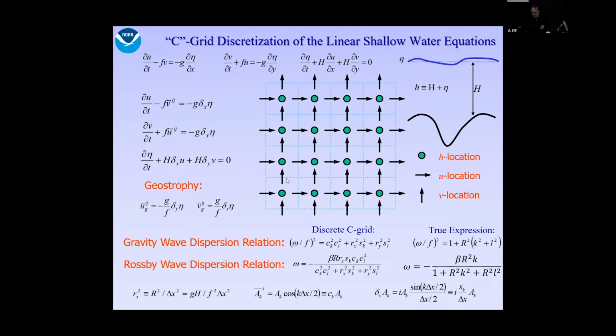It does a really good job of representing the gravity waves, and because when the deformation radius is well resolved, the scales at which geostrophy applies are also well resolved, a C grid does pretty well. And so increasingly over time, we in the oceanographic community have shifted from a B-grid discretization, as was used in MOMS 1, 2, 3, 4, and 5, to a C-grid discretization, such as is used in MOM6, HYCOM, ROMS, and NEMO.